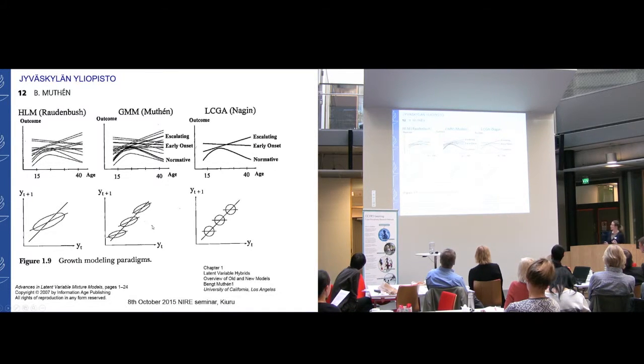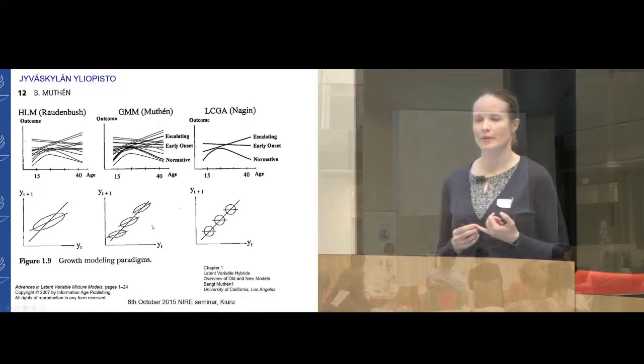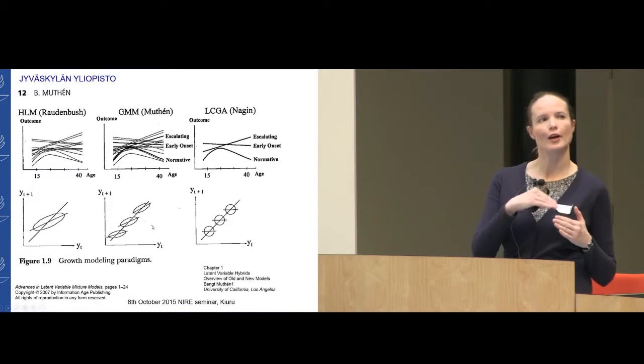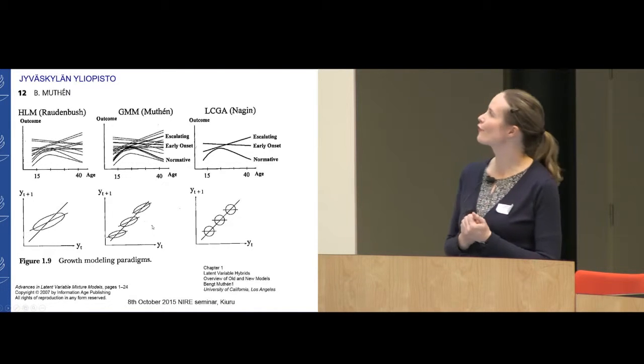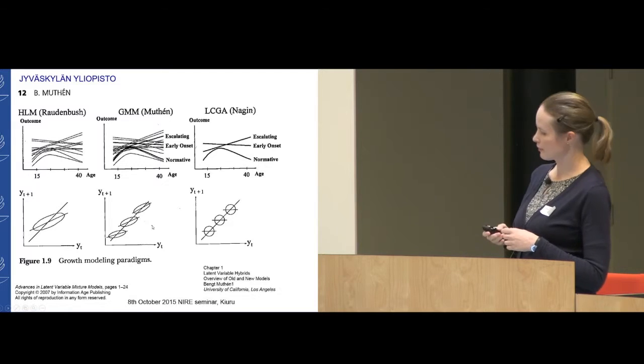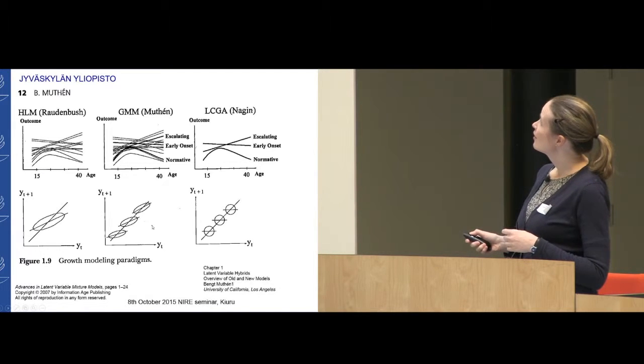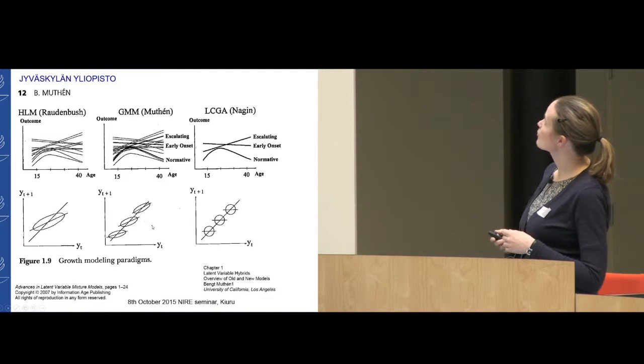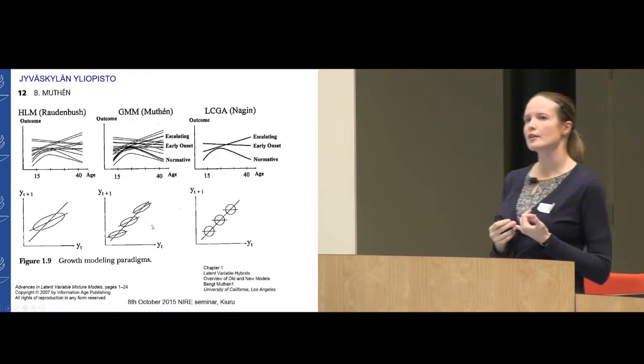And in this first, there is this traditional latent growth modeling paradigm that we just fit one overall curve shape of change in the data and then allow individual differences.